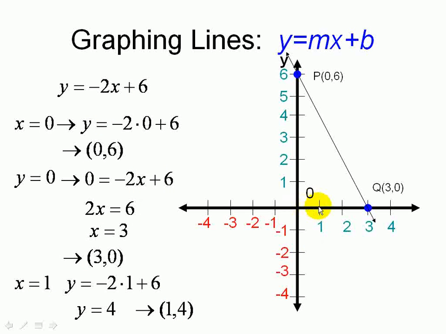Again, the coefficient in front of x, negative 2 in this slope-intercept form, is the slope. Here our slope is negative 2. Why? Because if I go one step here, starting at 1 and going to 2, we go down 2.